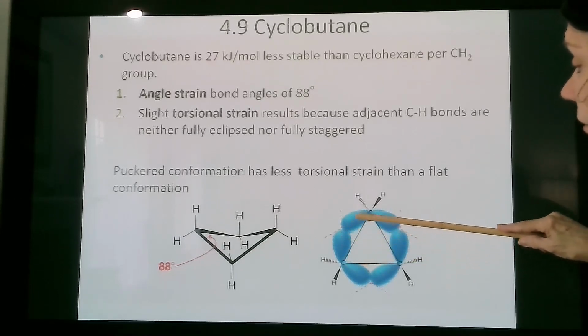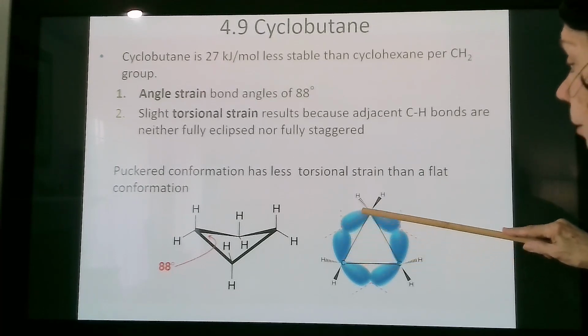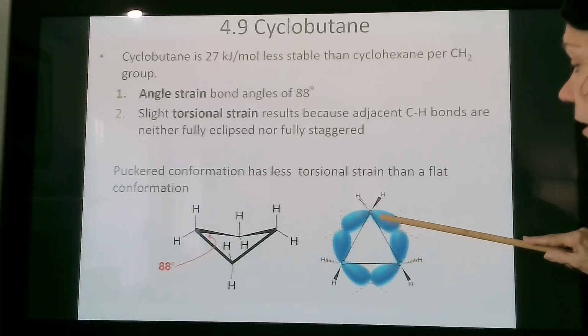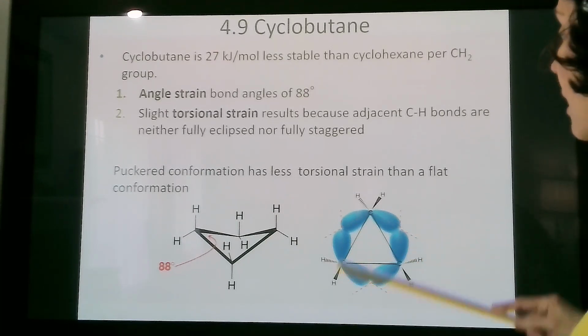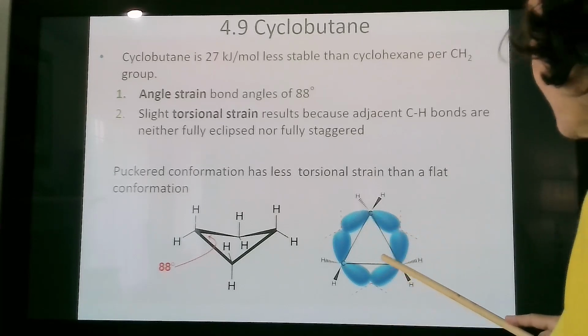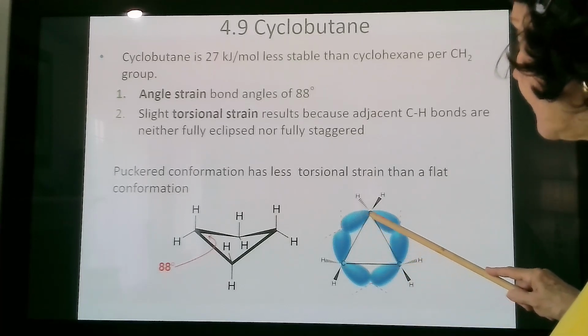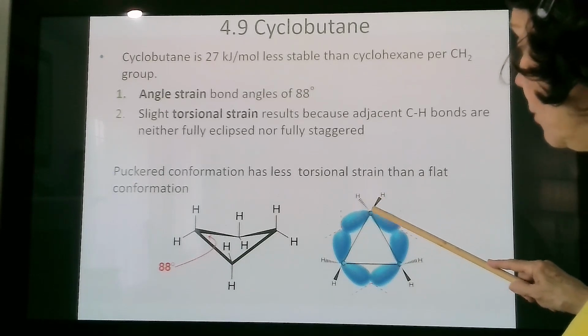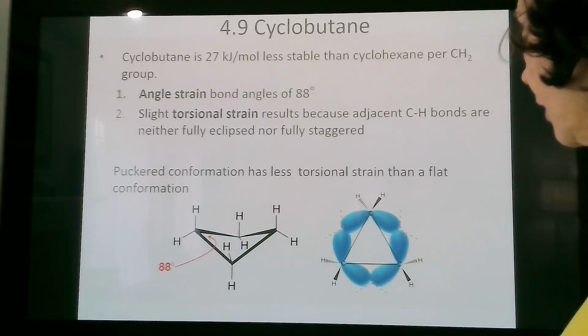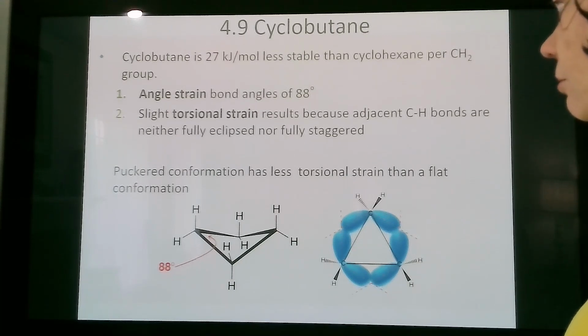Notice how the orbitals are distorted away from 109 degrees. And so that's going to cause some angle strain. And also the CH2 eclipsing will have some strain there, torsional strain.